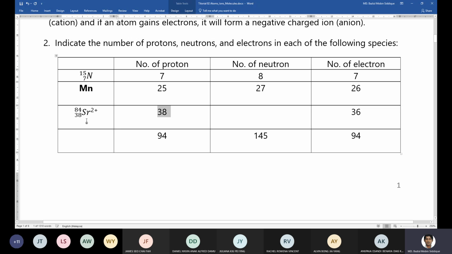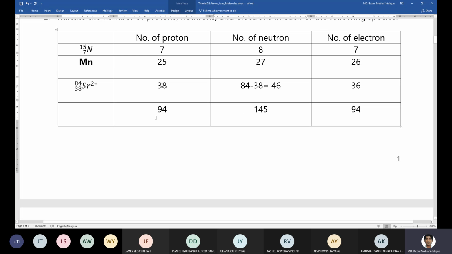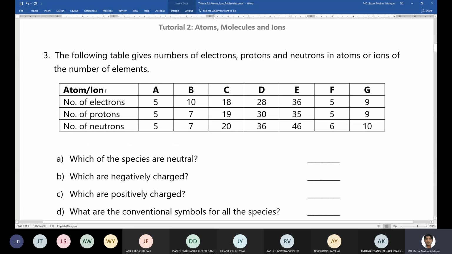Since there are 2 more protons, it will be positively charged, 2 positive charges here. For the number of neutrons, 84 is the mass number, so 84 minus 38 is the number of neutrons, 46. So in this way we can find the numbers.